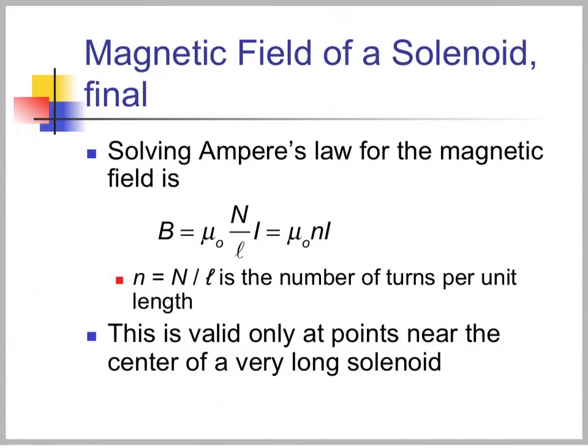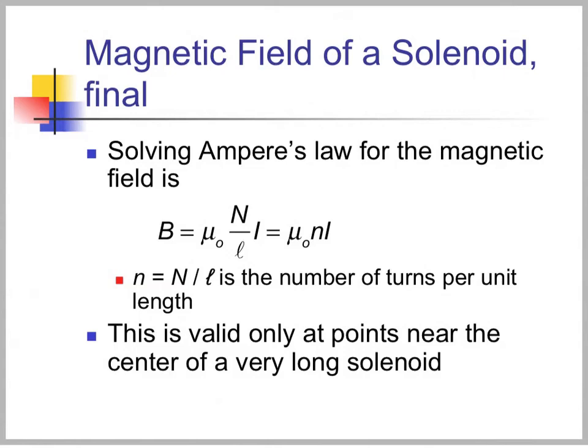Now this equation is only valid near the center of very long solenoids, but we can use solenoids to create very uniform magnetic fields to perhaps do experiments or other applications when we need a uniform magnetic field.